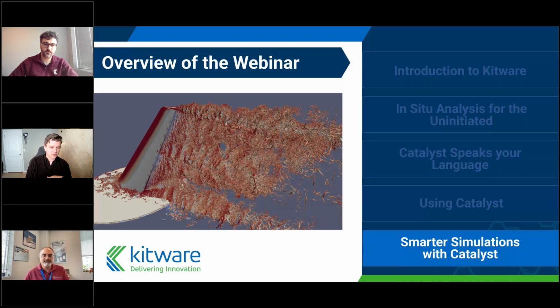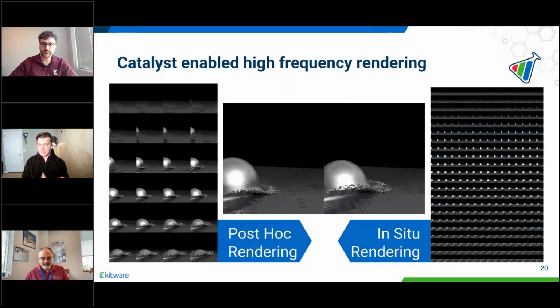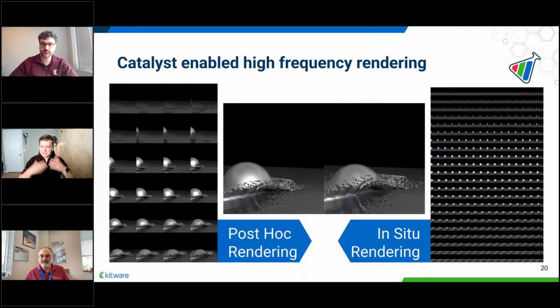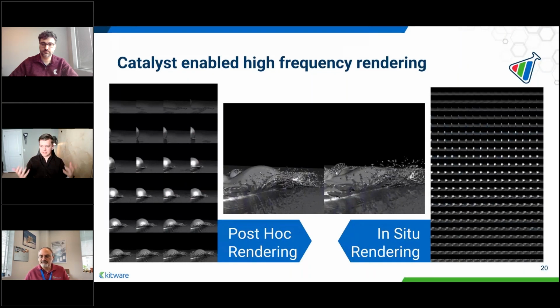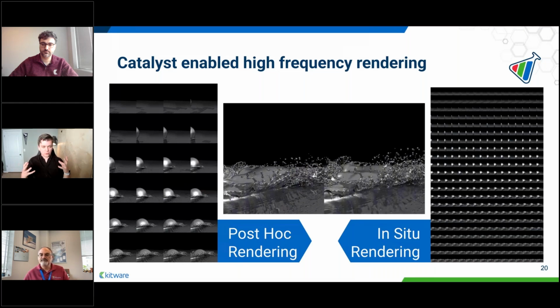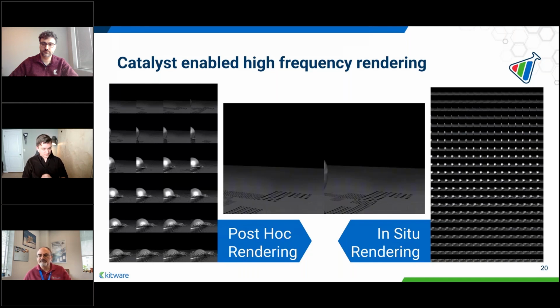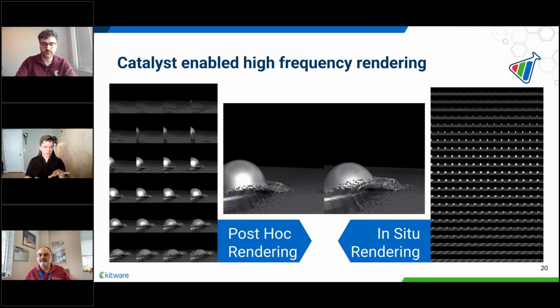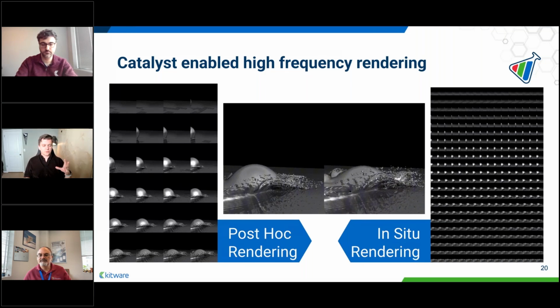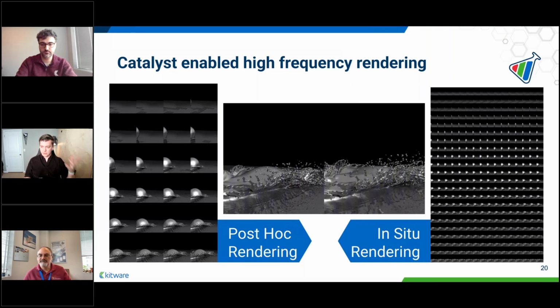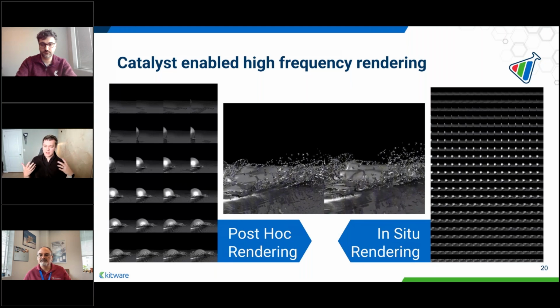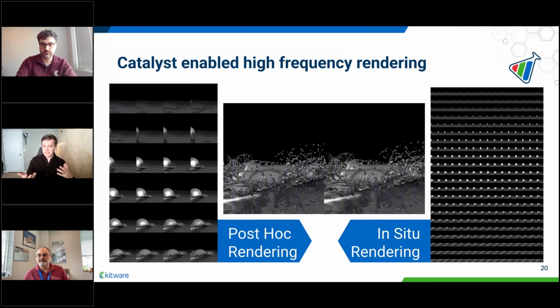All right, so to start, I wanted to illustrate the initial idea for doing in situ. The raw thing that you are capable of doing here is having high frequency renderings. The video in the middle might be a little choppy depending on the network connection, but I wanted to visualize how post-hoc rendering versus in situ rendering is really a big game changer.